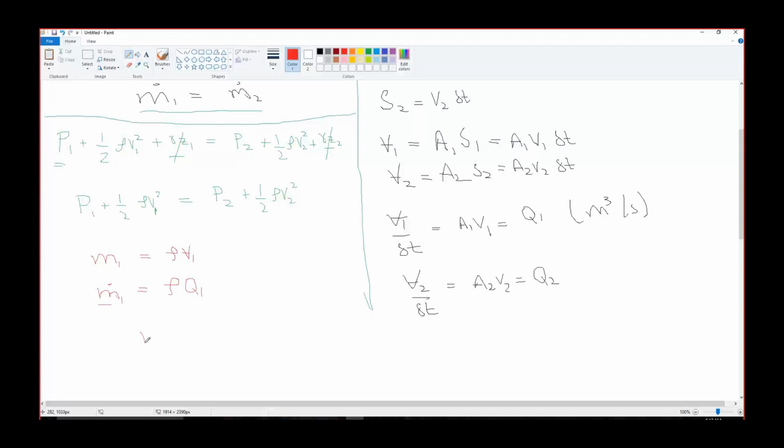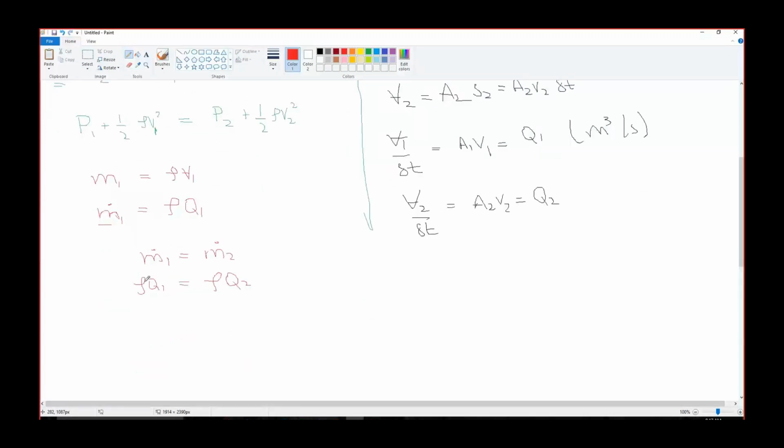According to the law of conservation of mass, M dot 1 should be equal to M dot 2, which means rho Q1 should be equal to rho Q2, which means Q1 should be equal to Q2, because density is a constant.